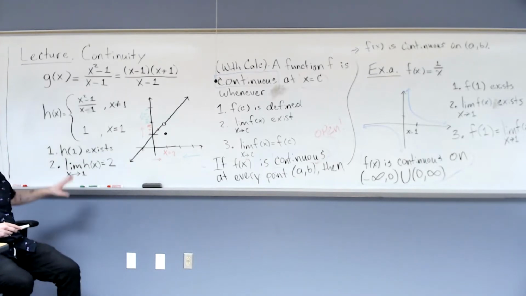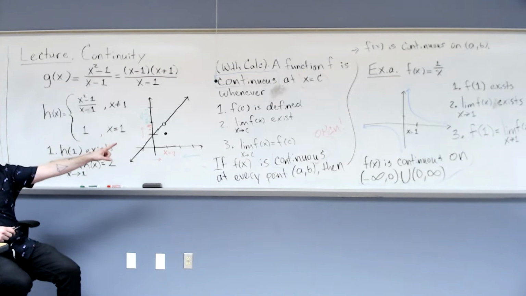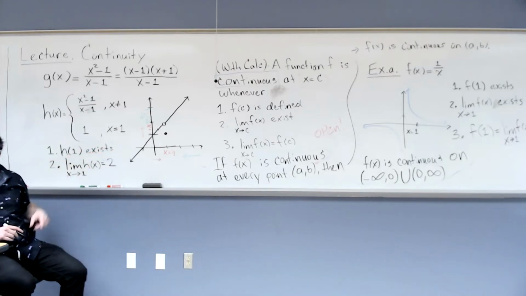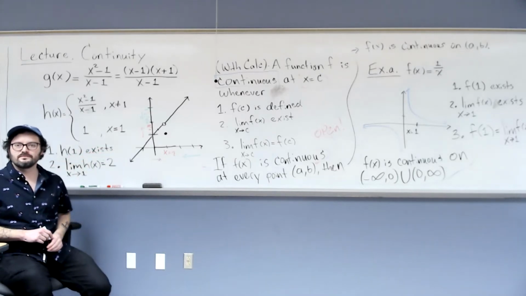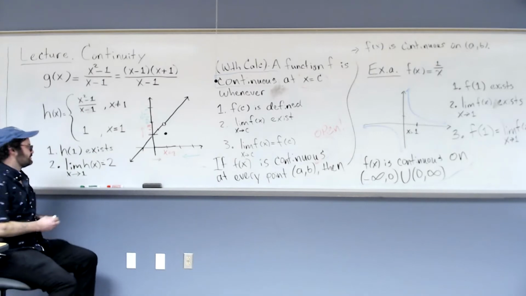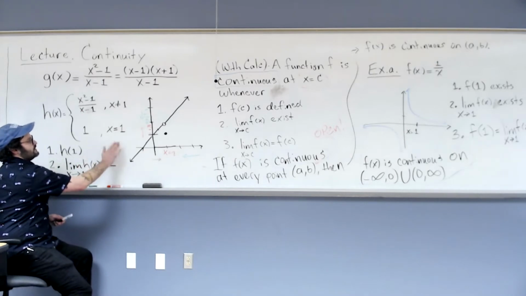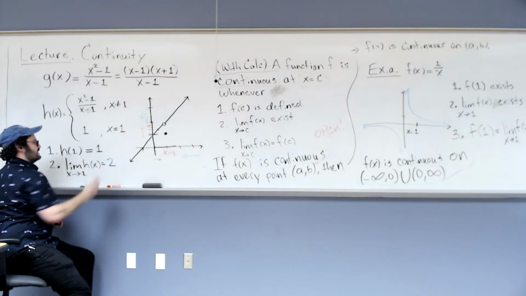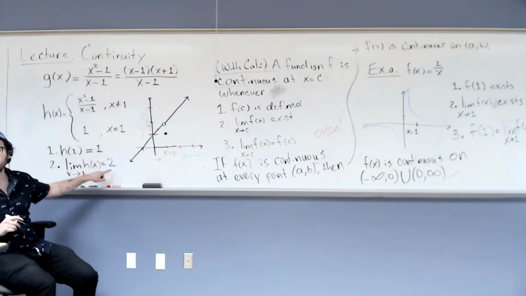Now, so far we're looking at this definition and we're checking things off: h of 1 exists, the limit as x approaches 1 for h exists, but is part 3 satisfied? No, right? Because h of 1 is 1, right? These two values don't equal.